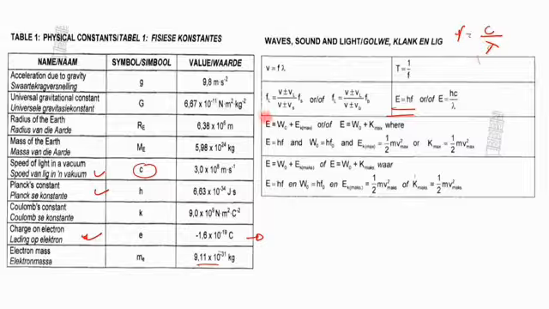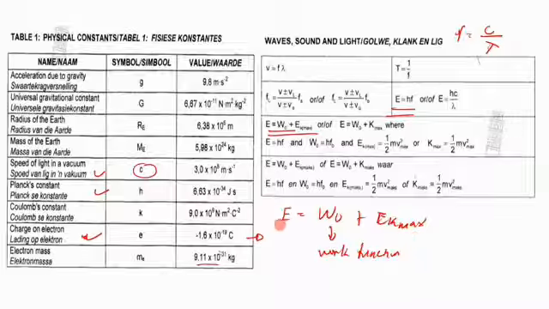And then the formula that we are going to use is this one here. E is equal to W0, which is the work function, plus EK max. EK max is the maximum kinetic energy that will be obtained by the photoelectrons after they have reached an energy that is greater than the work function.